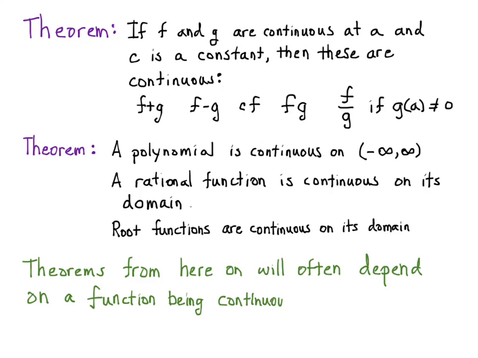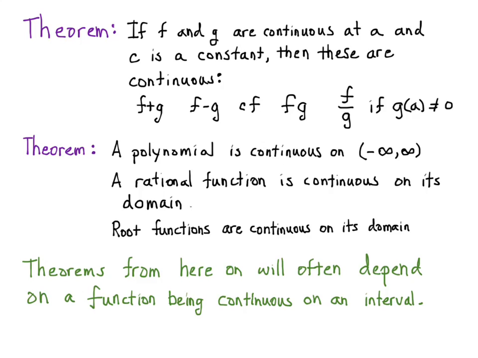Okay, so we're going to get into some theorems, ones that have significant applications, broader is the wrong word, than the ones that we've had before. Look at the first one: if f and g are continuous at a and c is a constant.